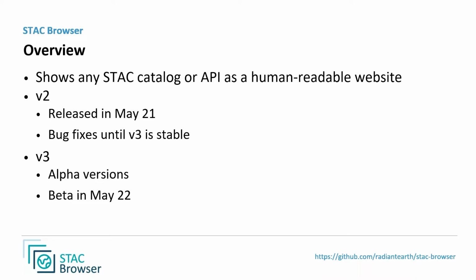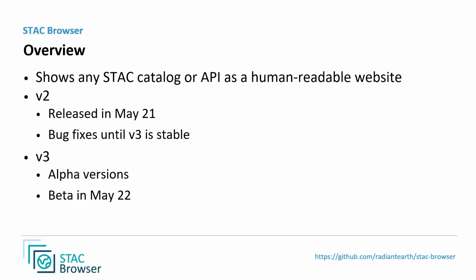Currently, version 2 has been released a year ago, basically. It is stable, but had some issues in the past and wasn't very extensible. It also had issues with APIs because it was written in a time where only static catalogs were really a thing.